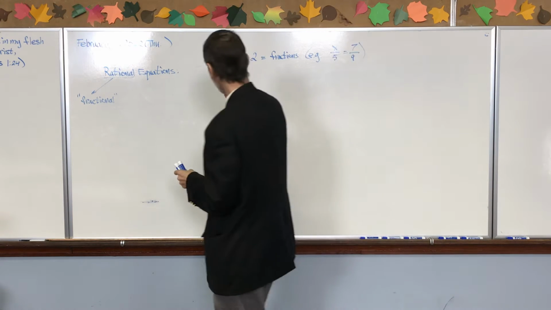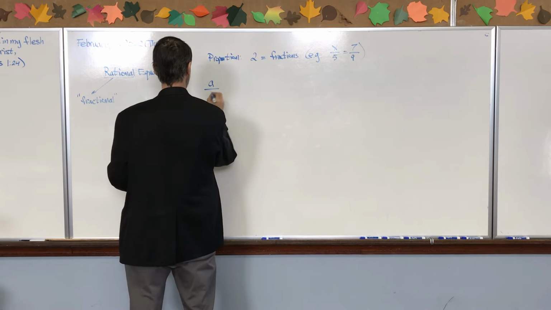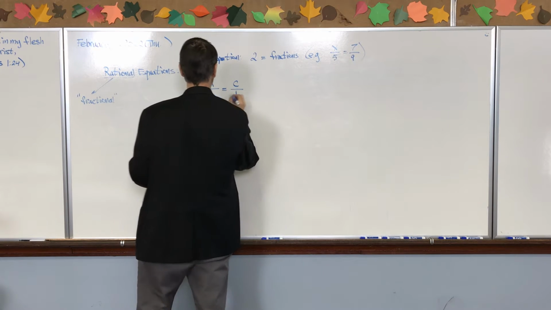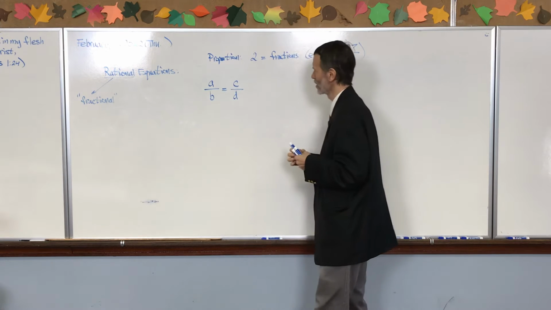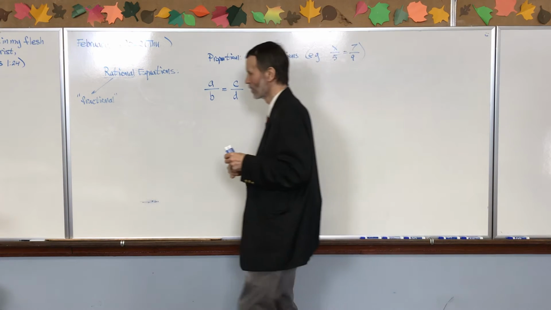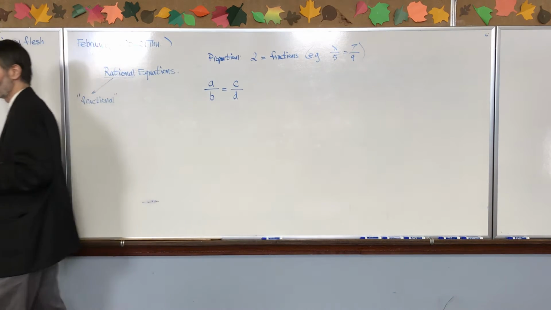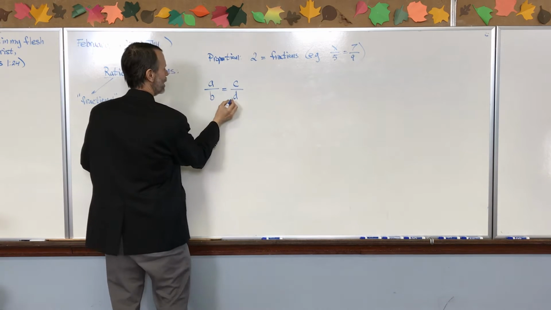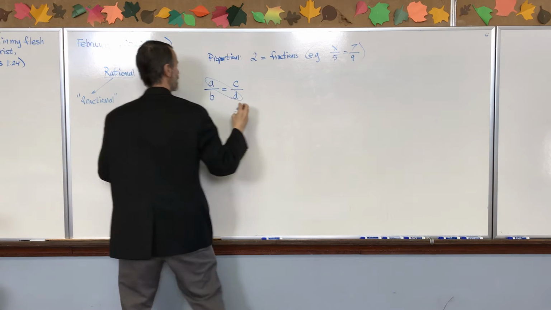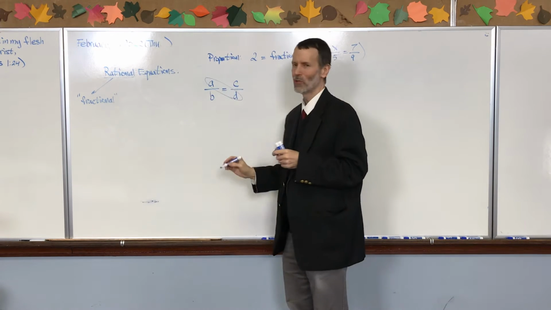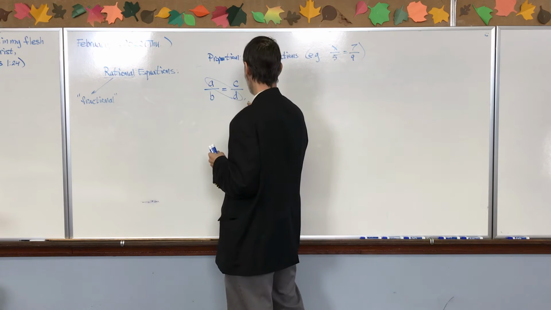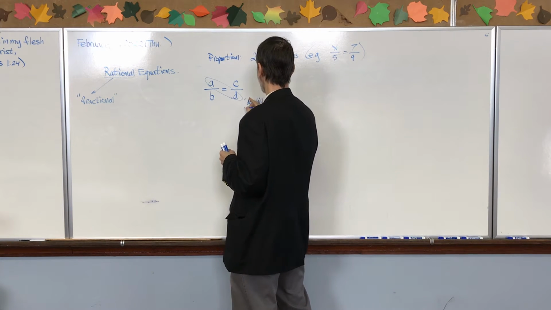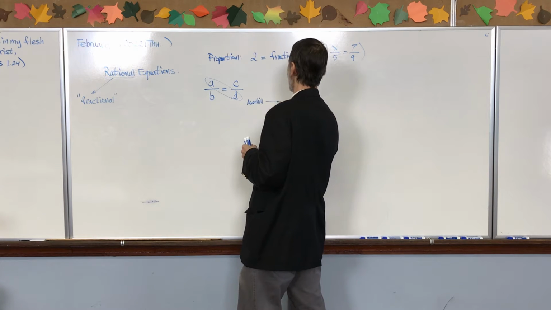Now, a rational equation, here's the basic structure. A over B is equal to C over D. That's a basic proportion. And there are a couple of nicknames I need to cover. The two numbers that are going downhill have a nickname.